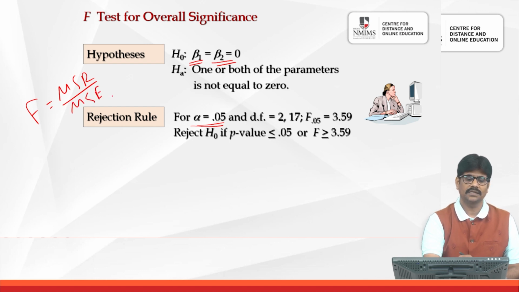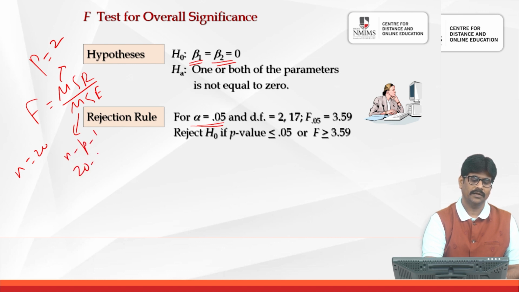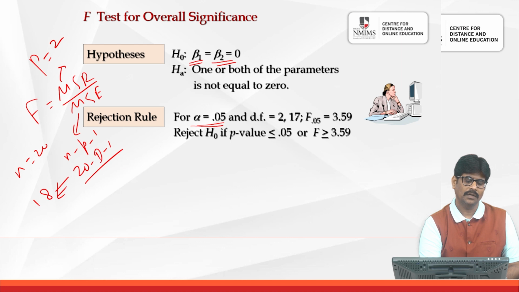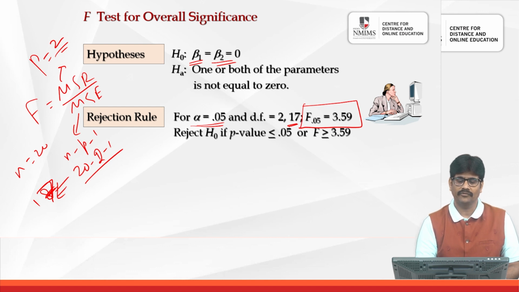Here n is equal to 20, so the denominator degrees of freedom is n minus p minus 1, that is 20 minus 2 minus 1, which is 17. As per the alpha of 0.05, the F value is 3.59.